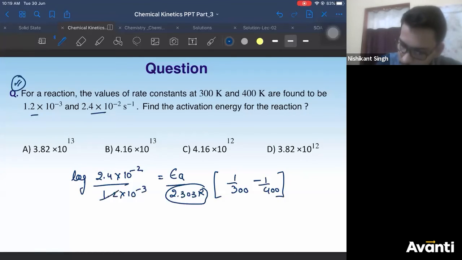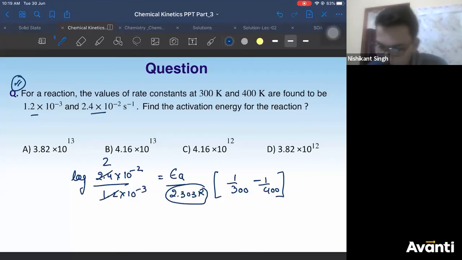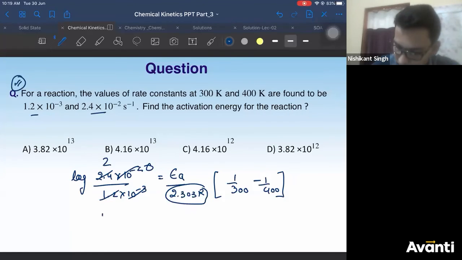So this value comes out to be 10, log 20. Log 20 can be written as log 2 into 10, that is log 2 plus log 10. That means this value is 1.3010 into 2.303 into R, which is 8.314. And this is equal to activation energy.